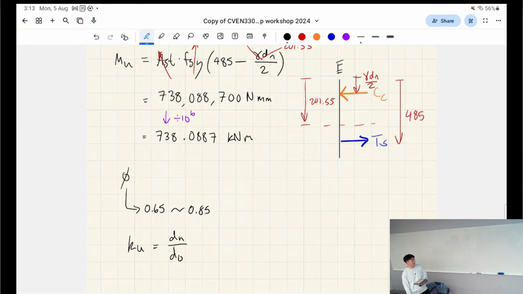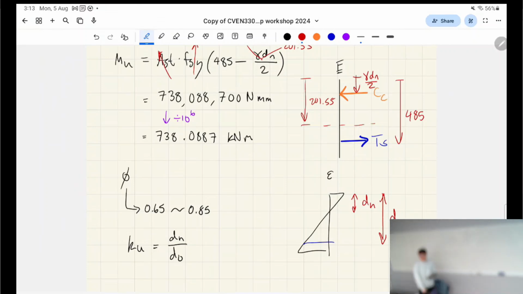And it's a ratio of, so if let's draw the strain diagram, why not? So this is the depth of the neutral axis, right? d0 is the depth to the outermost steel, okay? So if you have two steel layers, right, the furthest away from the compressive fiber is what we take as the depth, as d0.